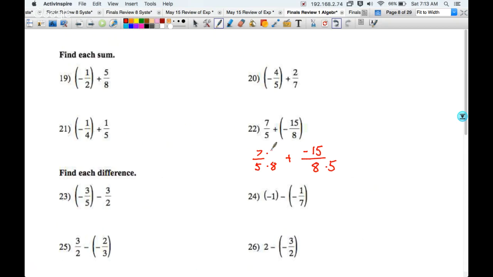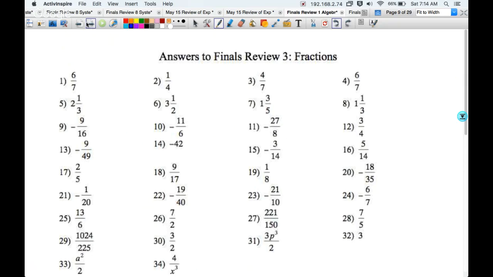But whatever I do to the bottom, I have to do to the top. So I'm going to multiply this one by an 8, this one by a 5. Now I've got 56 over 40 plus a negative 75 over 40. This here equals a negative 19 over 40, which is our final answer, 22, negative 19 over 40.